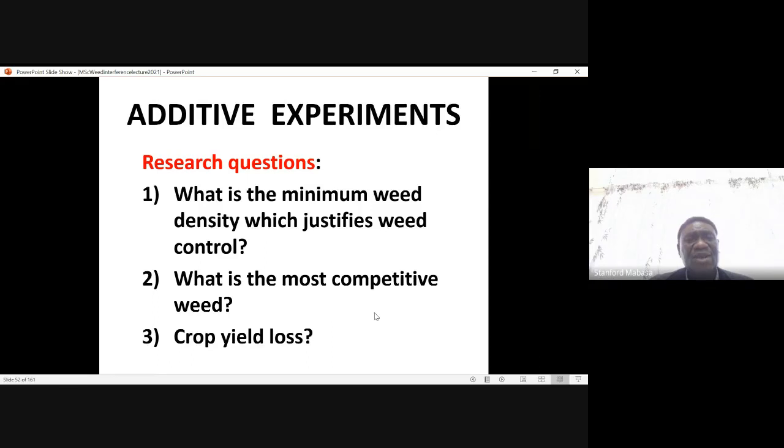We may also want to understand the crop yield loss itself. So if we want to get these questions answered, we have to use the additive experiments. Now I will move on to explain how we can go about conducting additive experiments.